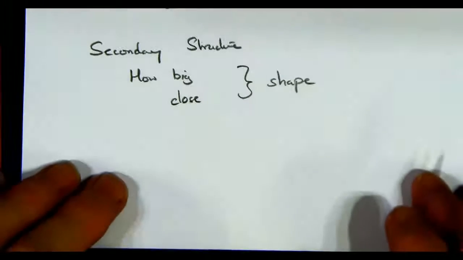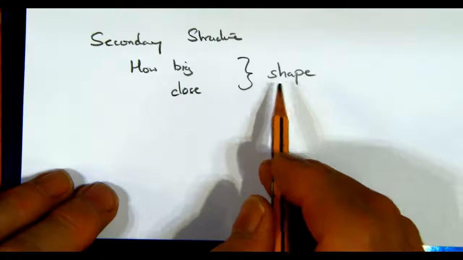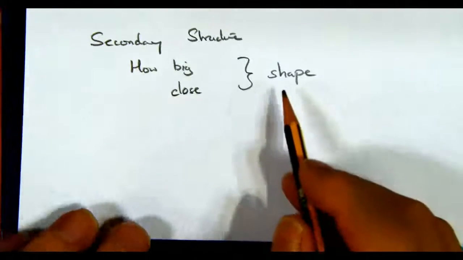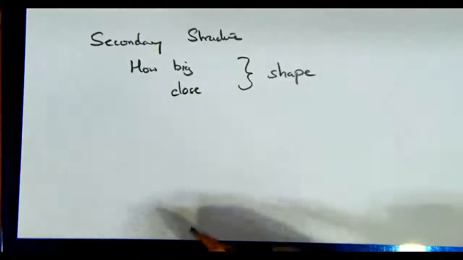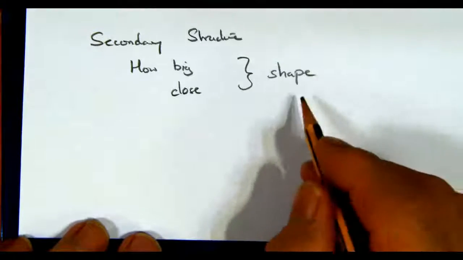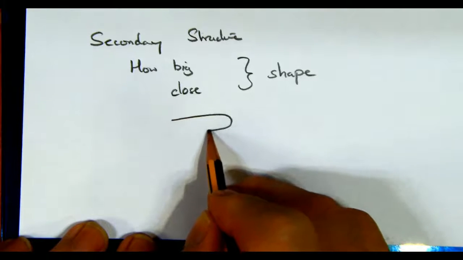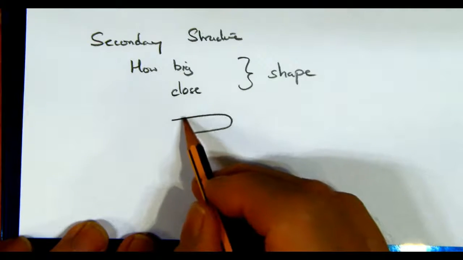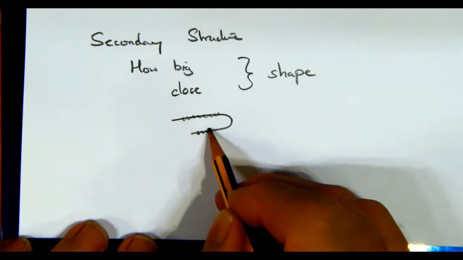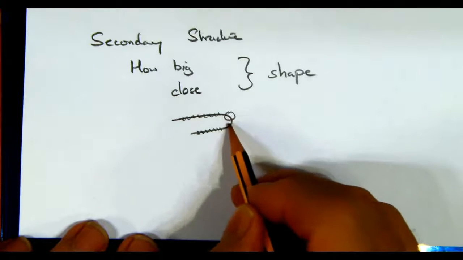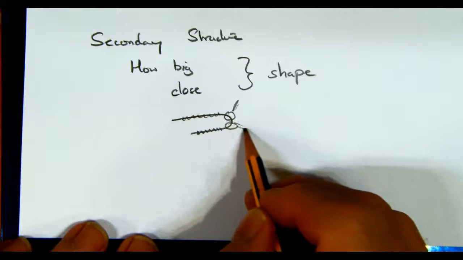So if we've got ones that are close together, we can get twists. If we've got big lumps, then they're going to make particular angles. So we can get a molecule that might be a particular shape because we've got a nice bit that can make a coil and another bit that might make a coil, but then we might have two big amino acids with chains sticking out here and there.